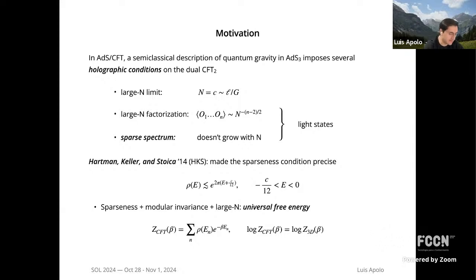In addition to this, we have other properties like large N factorization, which tells us that correlation functions of an n number of operators should scale in the large N limit, as shown here. And in addition to this, we also require the spectrum to be sparse, which means that the spectrum of light states doesn't grow with N. So both of these are properties that we require from the light states in our theory.